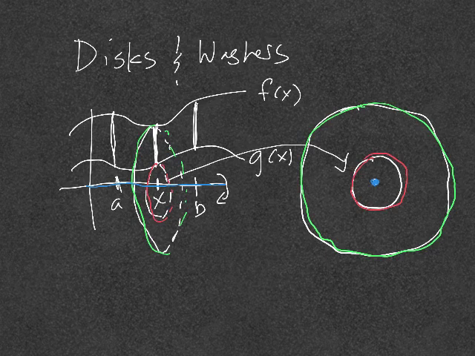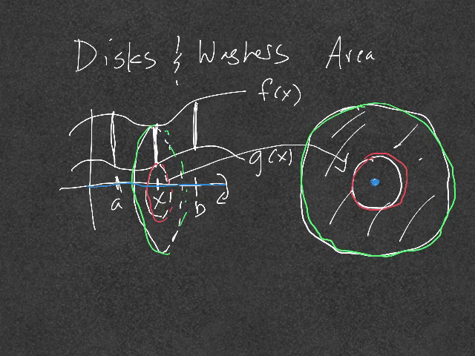And so the big question is, what's the area enclosed in the washer? And that's not so hard, because really it's a big circle with a little circle cut out, and we know how to take areas of circles.